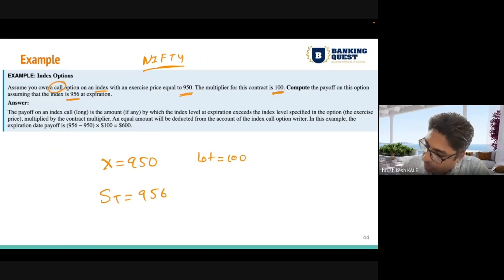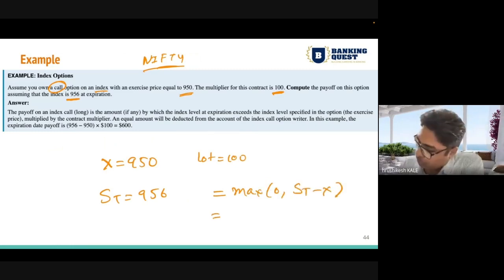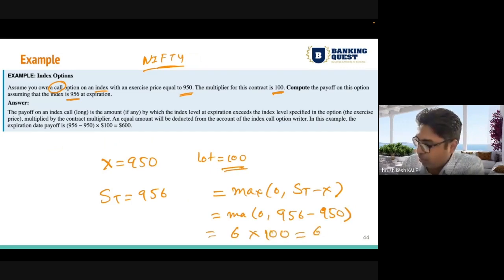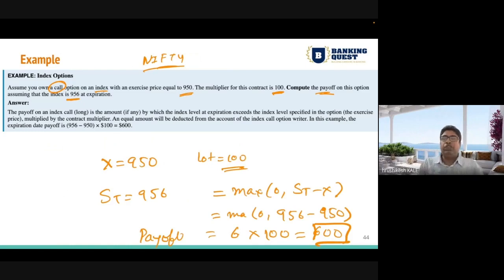This is a call option, so the payoff is max of 0, comma ST minus X. So max of 0, comma 956 minus 950. That is 6 multiplied by the lot size of 100. And you get a payoff of 600 rupees. Any question here?